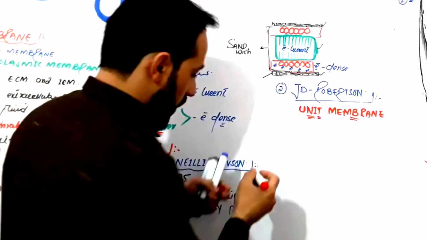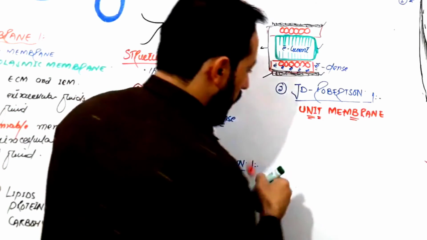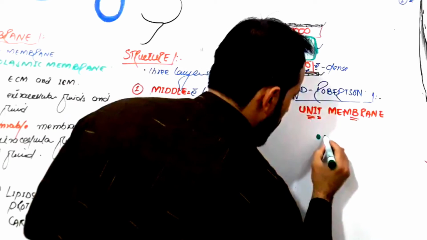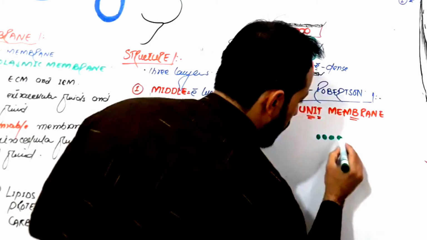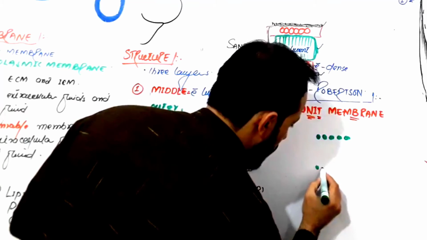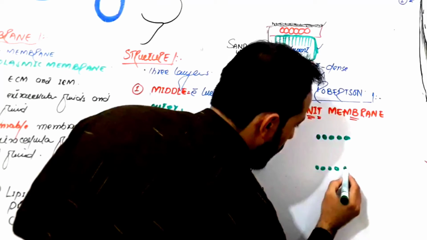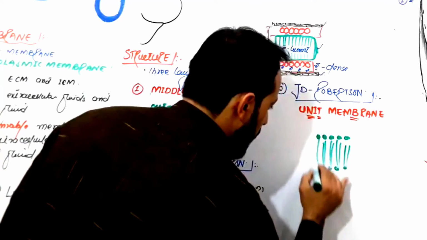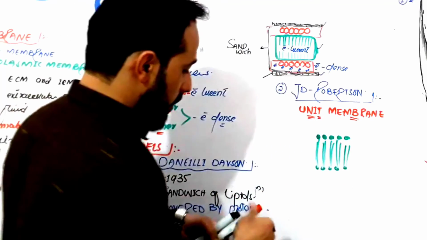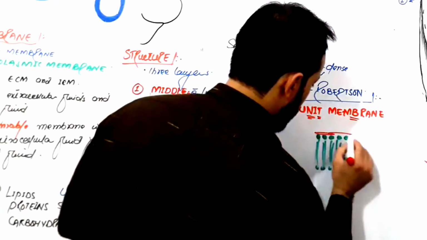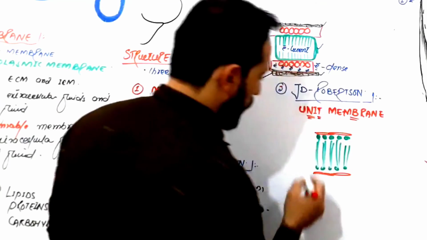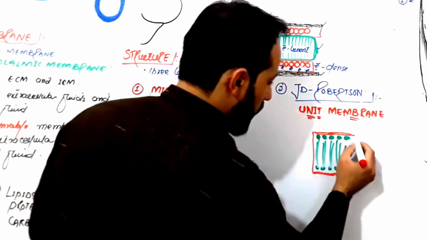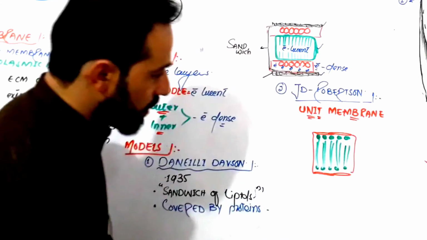He says that the cell membrane is a membrane which is composed of phospholipids, and these phospholipids are covered by proteins. So he says that this is only one layer, a unit membrane.